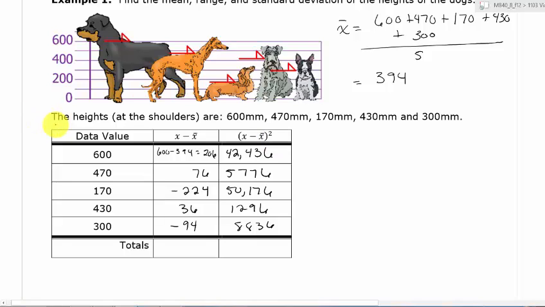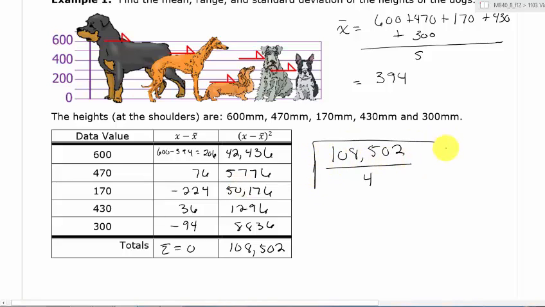So 42,436 plus 5,776 plus 50,176 plus 1,296 plus 8,836. Okay, so now we take our total, 108,520, and we divide that by n minus 1, and our n is 5. And then after we do that, we need to take the square root.